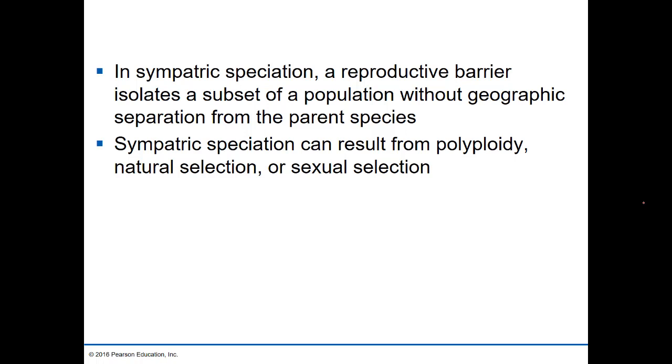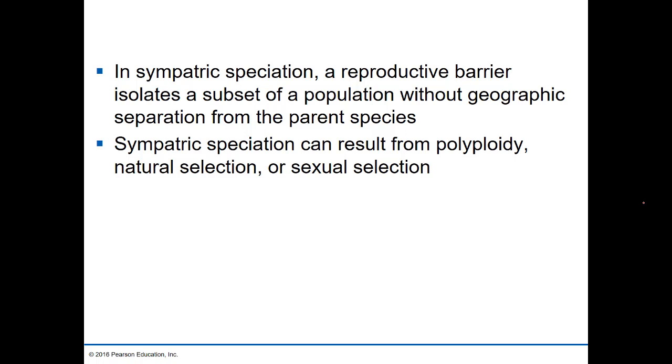In sympatric speciation, a reproductive barrier isolates a subset of a population without geographic separation from the parent species. Sympatric, you're in the same place. Just something else has made you decide not to mate with someone else. So it could be polyploidy, going through cell division incorrectly to produce more chromosomes, so now you're genetically different.